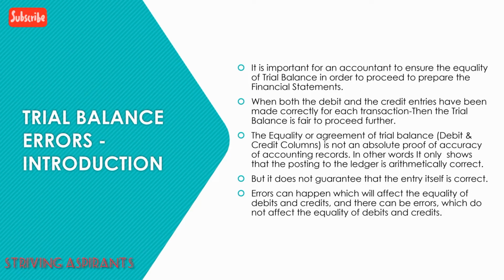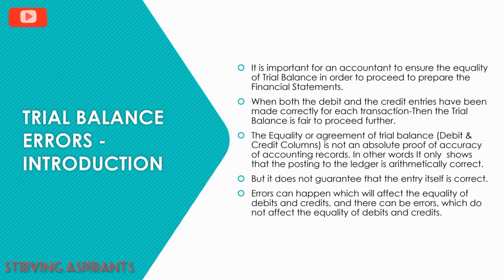So it is important that the debit and credit entries have been made correctly for each transaction. Even though the debit and credit entries have been made correctly, we can't conclude or make a judgment upon this. It only provides the arithmetical correctness.